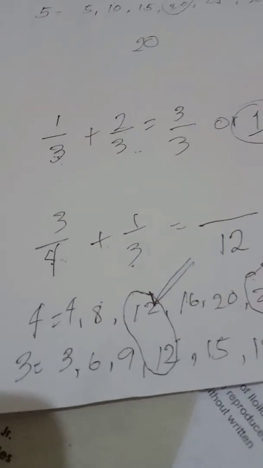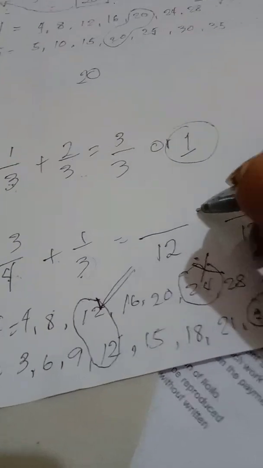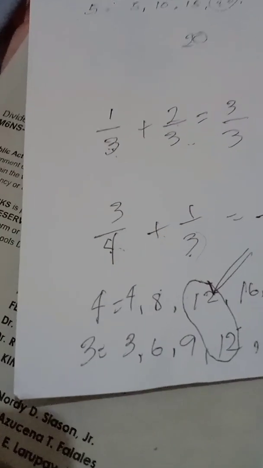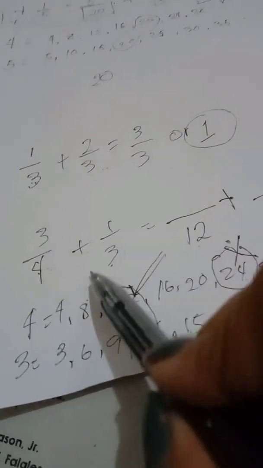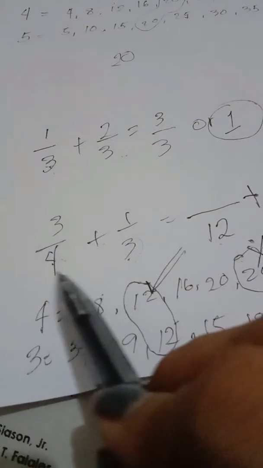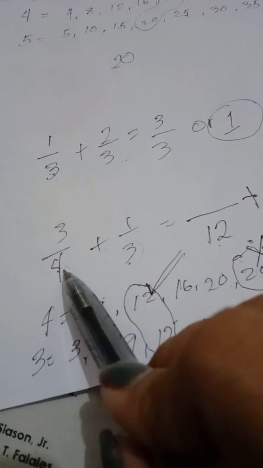And another 12. Then, since we are adding, our operation is addition, so we are going to add. Putting the plus sign. Addition. So 12 divided by 4, that is 3.